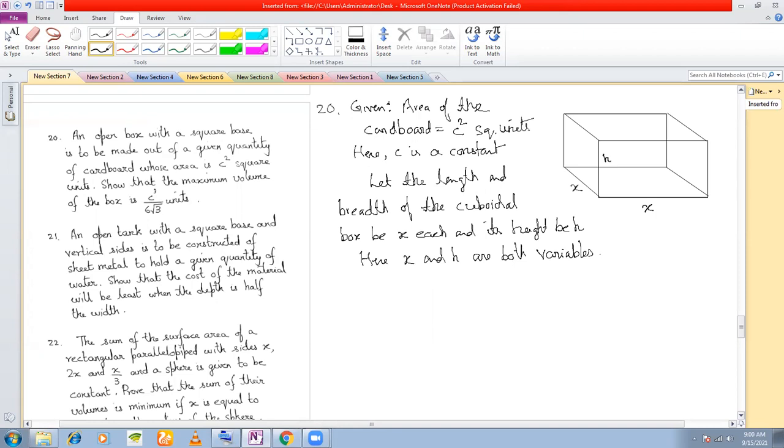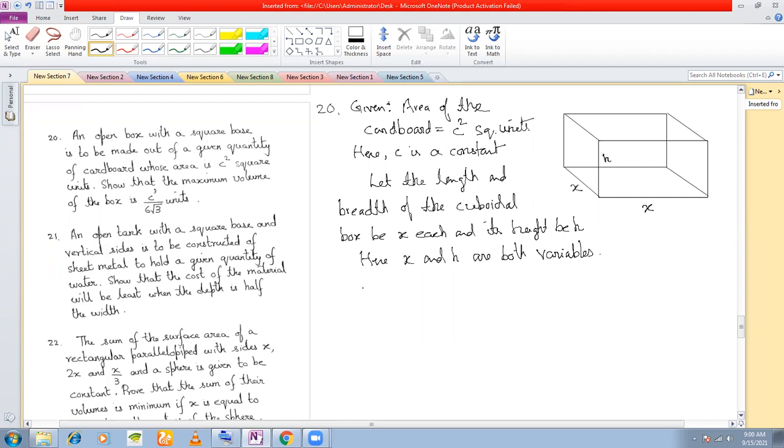So what is going to be the area of this cuboidal box? The area of this cuboidal box must be equal to the area of the cardboard, right? But what is the area of this? This is an open top box, right?